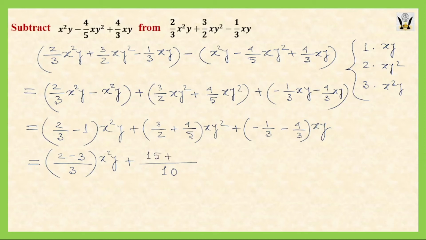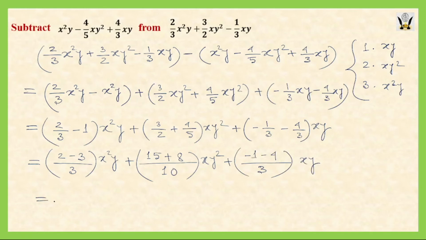Then 10 divided by 5, quotient will be 2, 2 multiplied by 4, it will be 8, and we have the term xy square. Next the LCM will be 3 only, and here it will be simply minus 1 minus 4, and then we have the term xy.